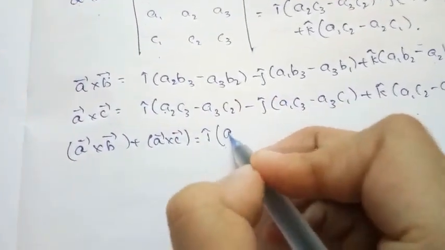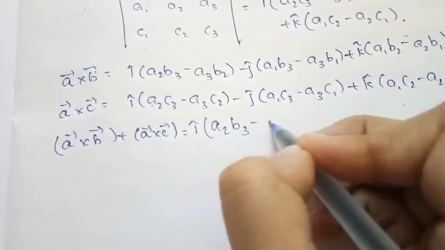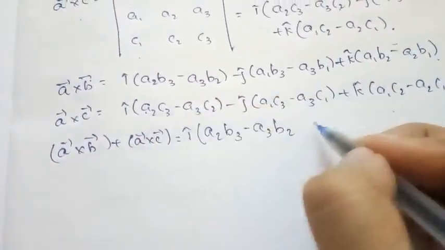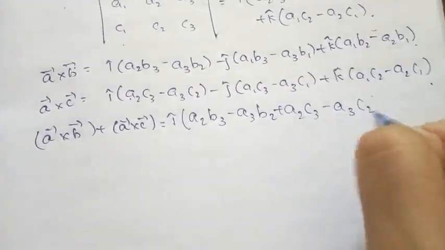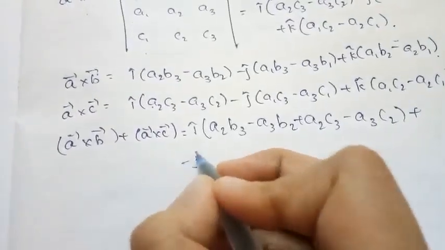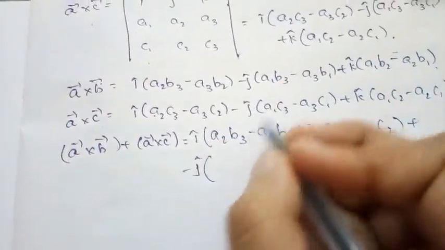So the components are a2 b3 minus a3 b2 plus a2 c3 minus a3 c2, with the minus j cap. I am taking the minus itself outside.